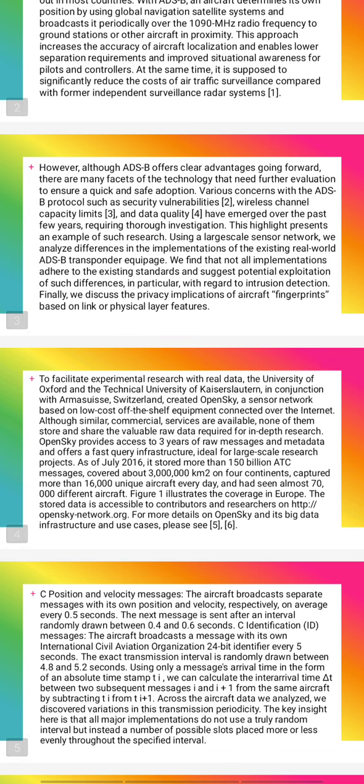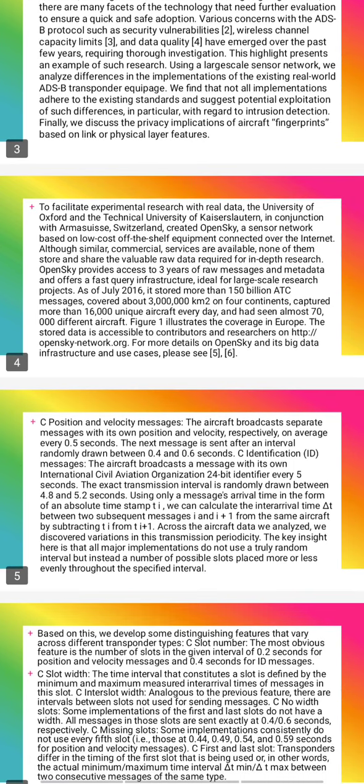Examples of such research use a large scale sensor network with ADS-B transponders. We find that not all implementations adhere to the existing standards, and we suggest the potential impact of such differences, in particular with regard to interaction decisions. Finally, we discuss the privacy implications of aircraft fingerprints based on link and physical layer features.